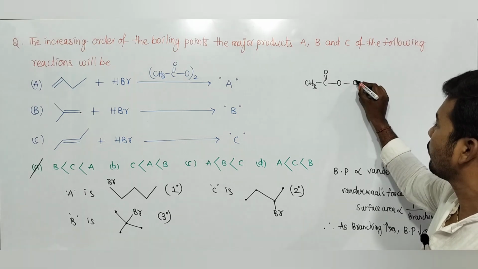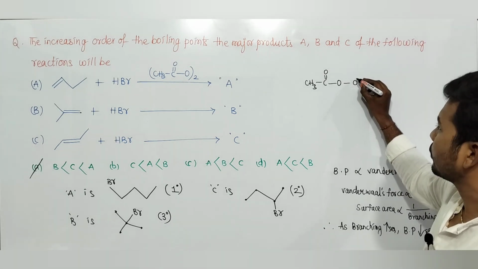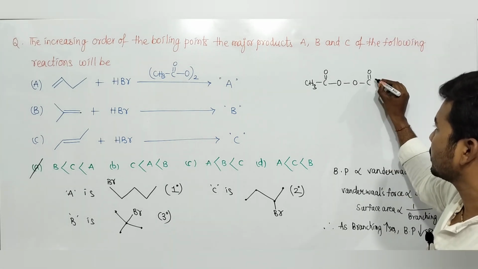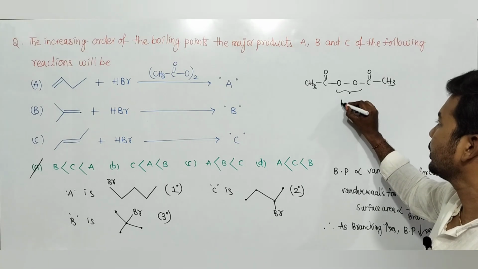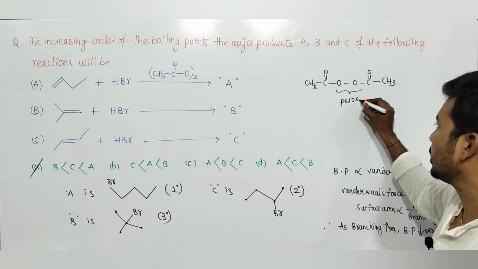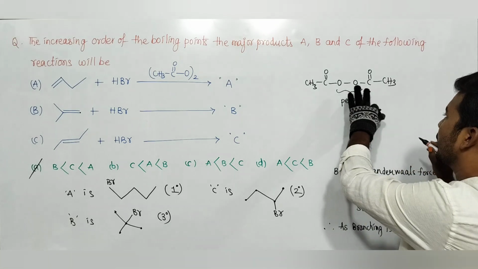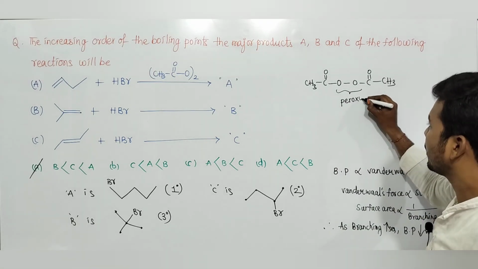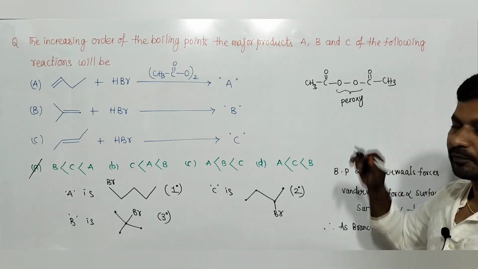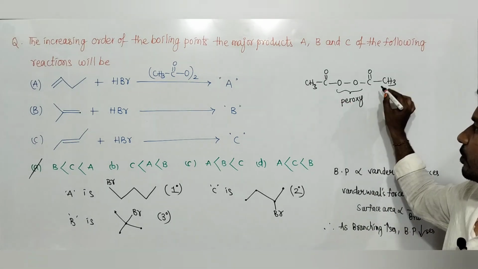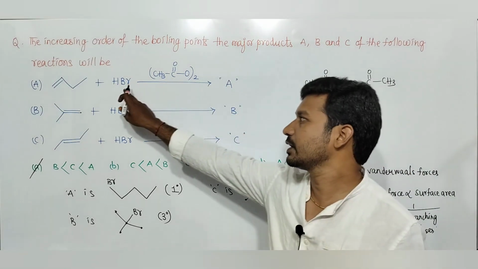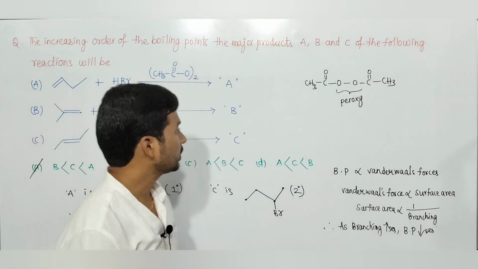So here again O, C double bond O, CH3. This is the peroxy bond. So this is peroxide. Is the peroxy bond here or not? Yes, the peroxy bond is there. That's why this is acetyl peroxide. Due to presence of peroxide, this reaction takes place according to anti-Markovnikov's rule.